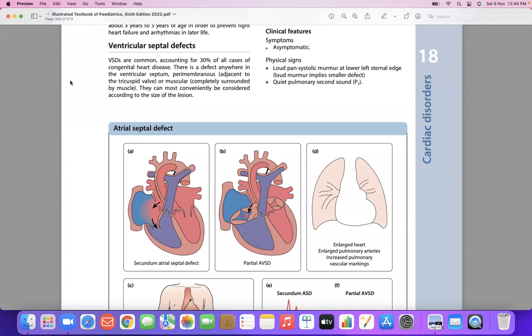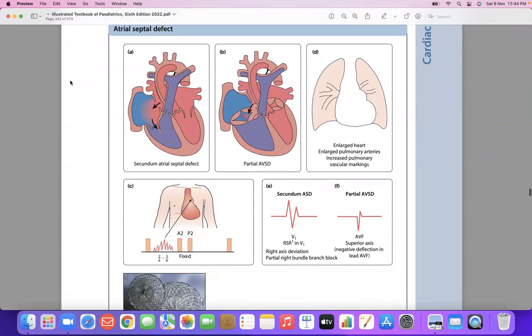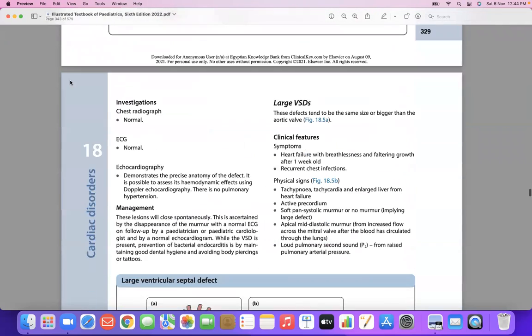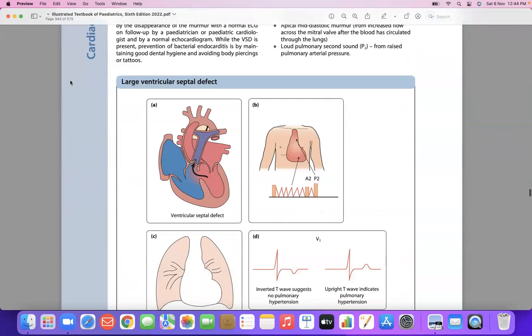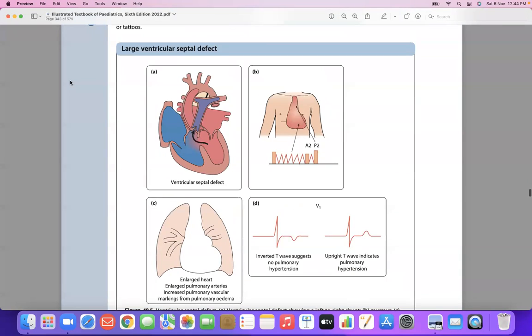Okay, now VSD. Again, we should know that VSD can be mild, moderate, or large. Usually for small and moderate, I think it is just wait and watch, like we saw in that case.